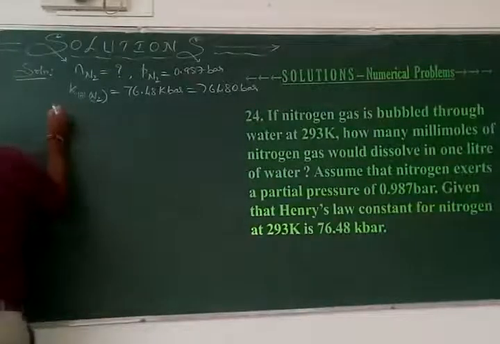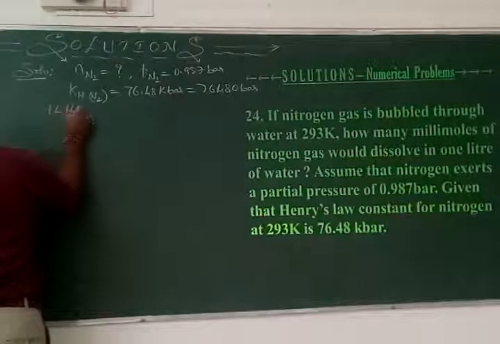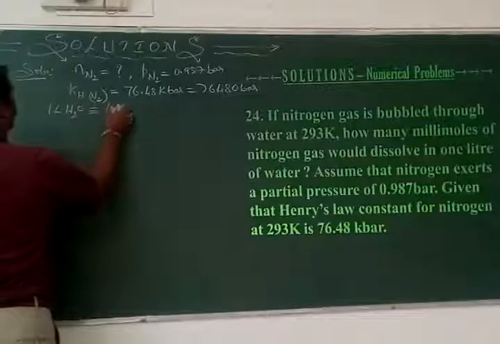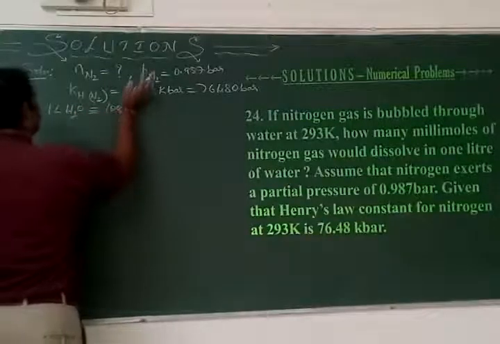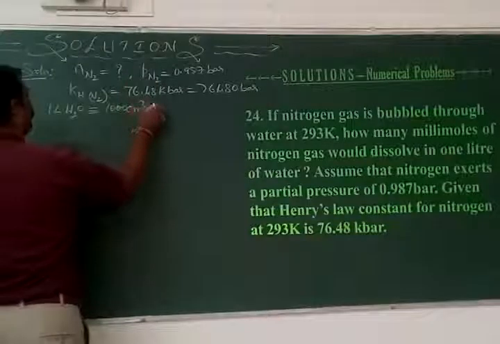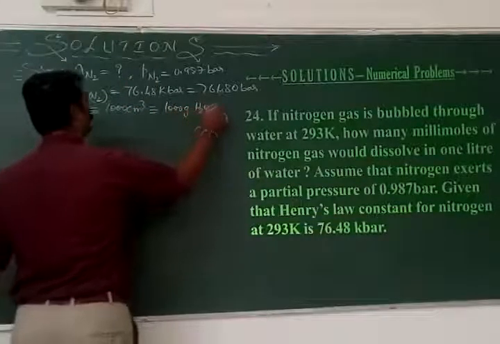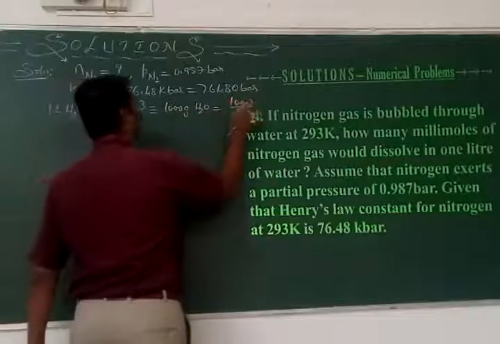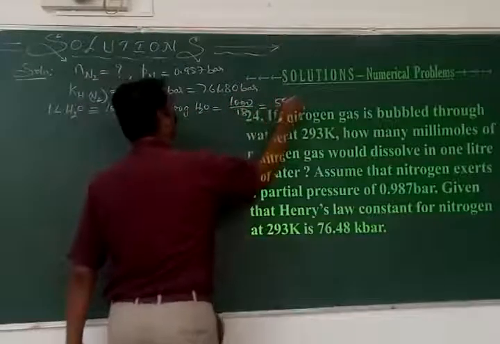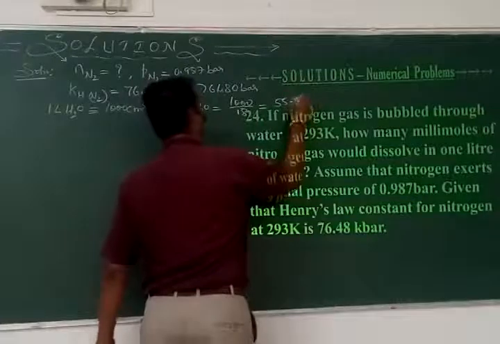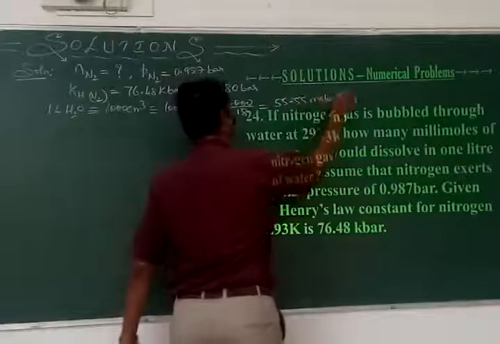First, 1 liter of water means 1000 cm cube, which is equal to 1000 grams of H2O, which is 1000 divided by 18, that is equal to 55.55 moles of water.